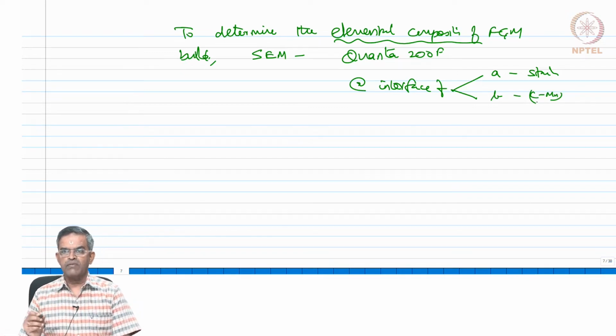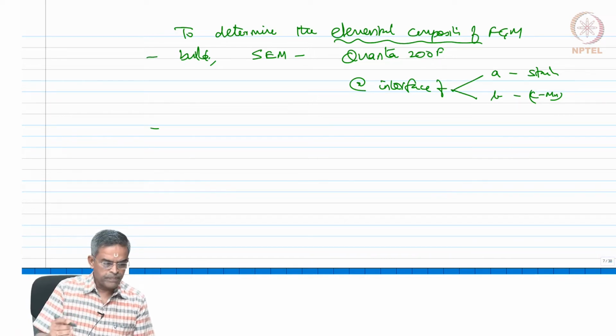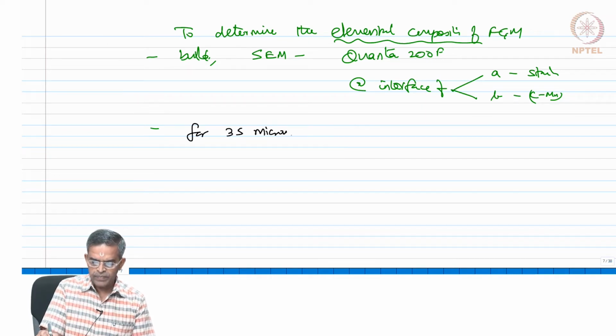At the interface we want to see. So, the observations were recorded for about 35 micron length.